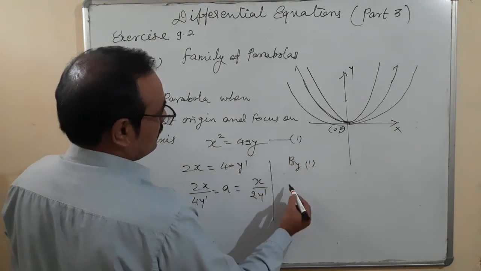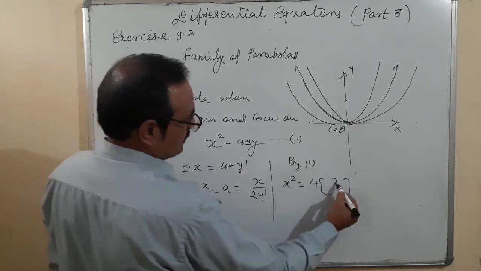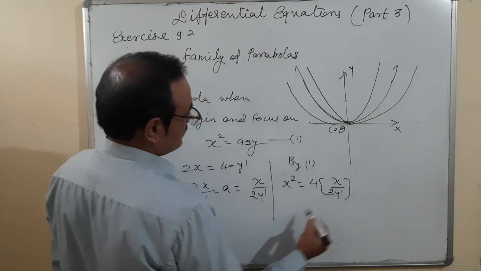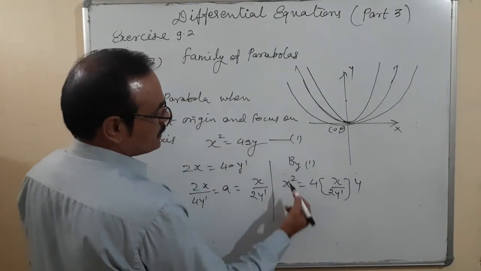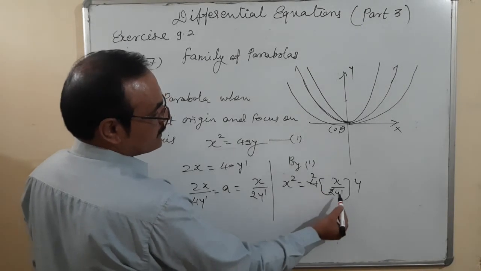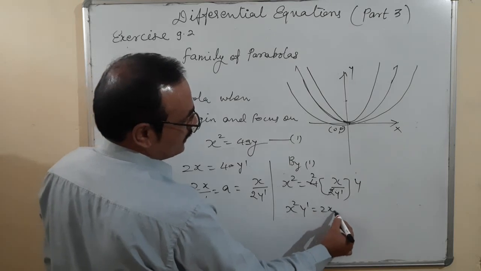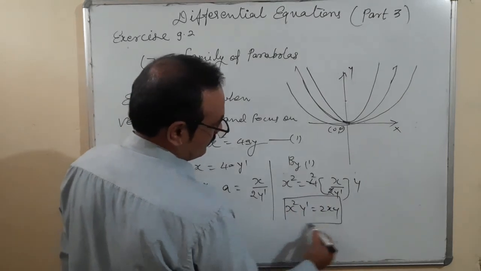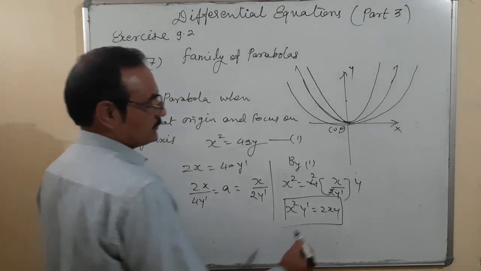X square is equal to 4 times a times y. What is a? X upon 2y dash, times y. Okay, clear? So what is this? 2 2s are 4, cancel. X square y dash is equal to 2xy. Or x square y dash minus 2xy is equal to 0.